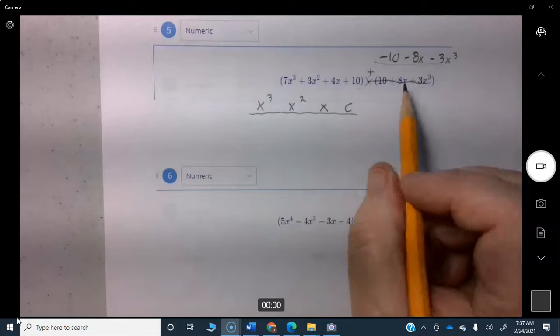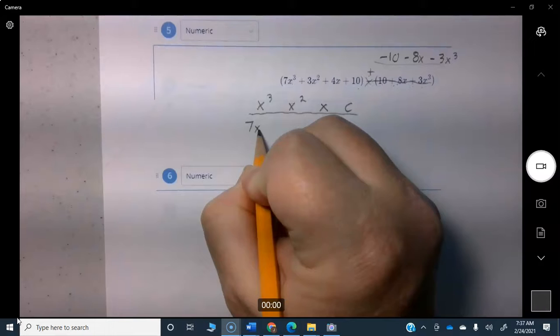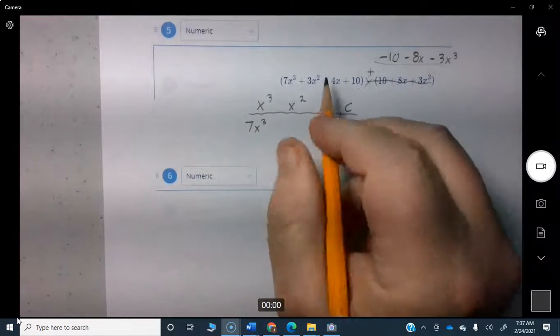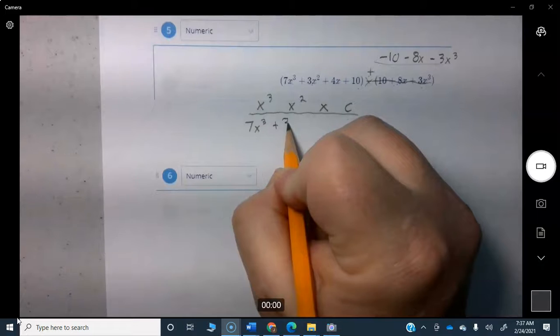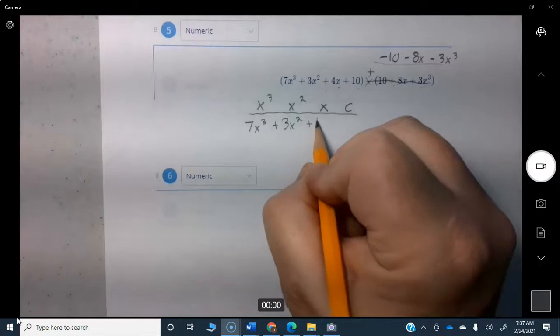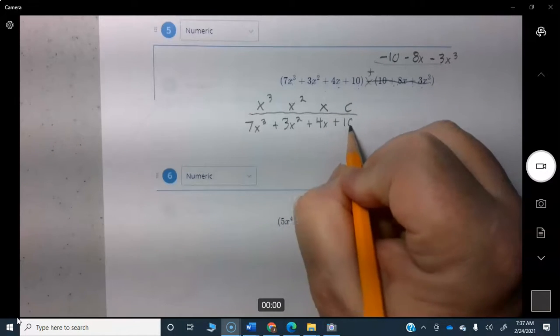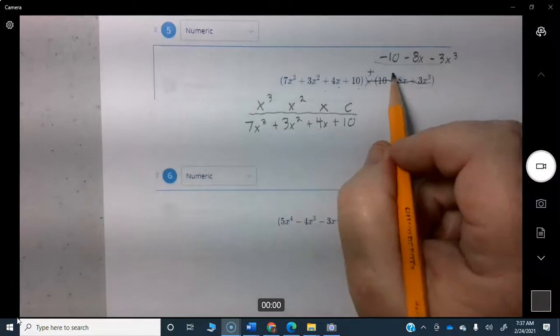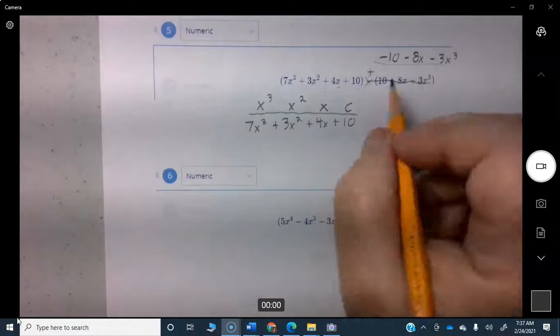So I have 7x to the third, and then I have a plus 3x squared, plus 4x, plus 10. And then over here, I have a negative 3x to the third, so even though this wasn't written in standard form, it doesn't matter.